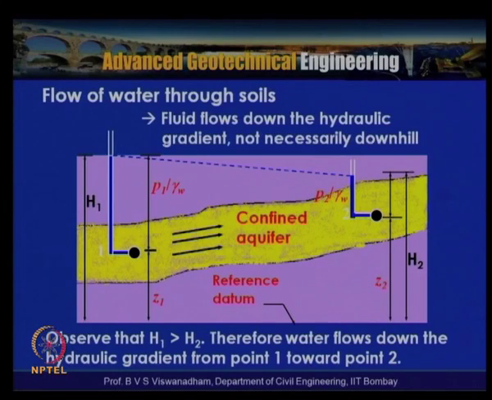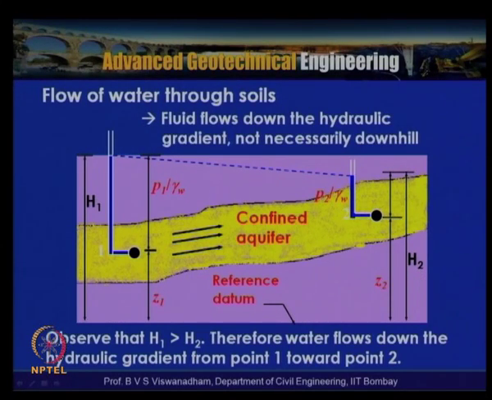From the reference datum, if this point is named 1 and this is 2, then H1 is equal to P1 by gamma_w, that is the pressure head, plus the elevation head for point 1, that is Z1. So, H1 = P1/gamma_w + Z1, and in this case P2/gamma_w + Z2 is the total head H2.